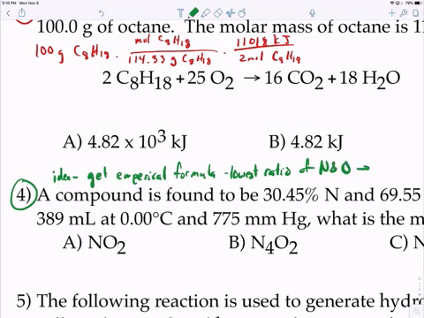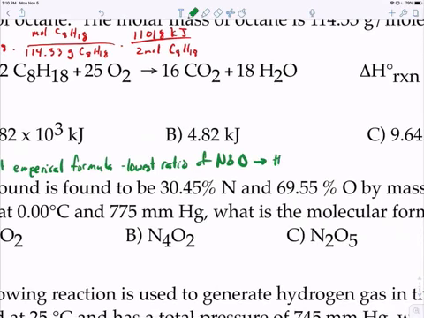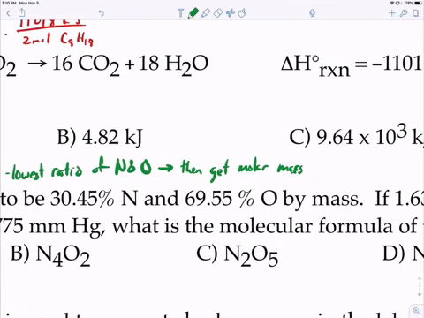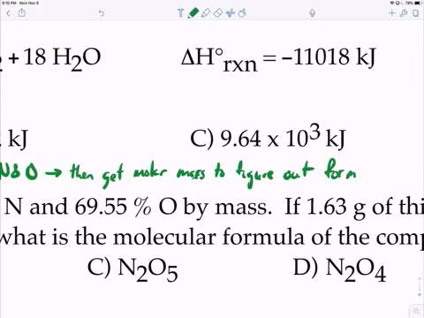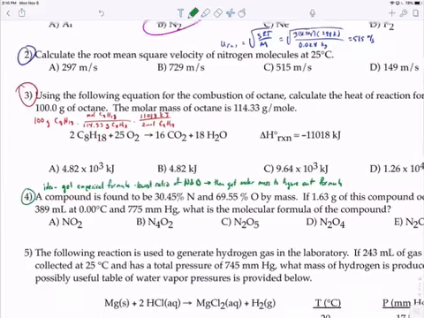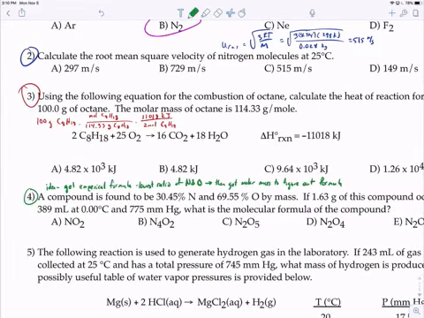And then get the molar mass to figure out the molecular formula. So this is how we do the problem. Gotta get the empirical formula first, which means the lowest ratio of nitrogen and oxygen, then get the molar mass to figure out how many formula units are in the thing.